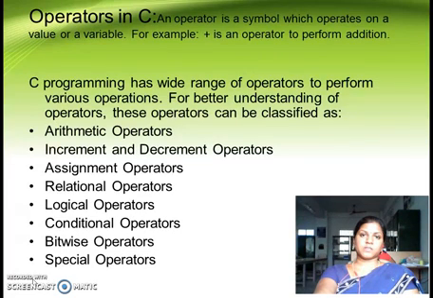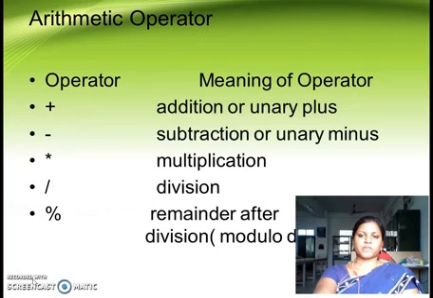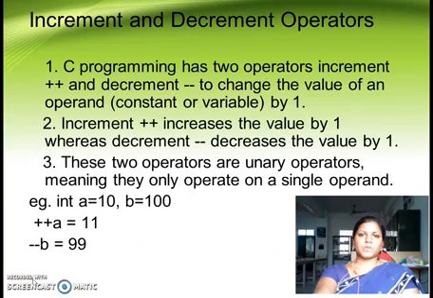Next, operators in C. An operator is a symbol which operates on a value or a variable. We have a lot of operators in the C language. The first is arithmetic, then increment and decrement, assignment, relational, logical, conditional, bitwise, and special operators. Plus means addition or unary plus, minus means subtraction or unary minus, star means multiplication, slash means division, and modulo means the remainder when we perform division.